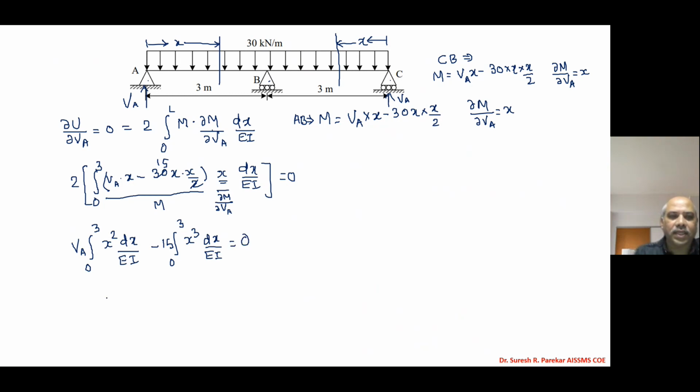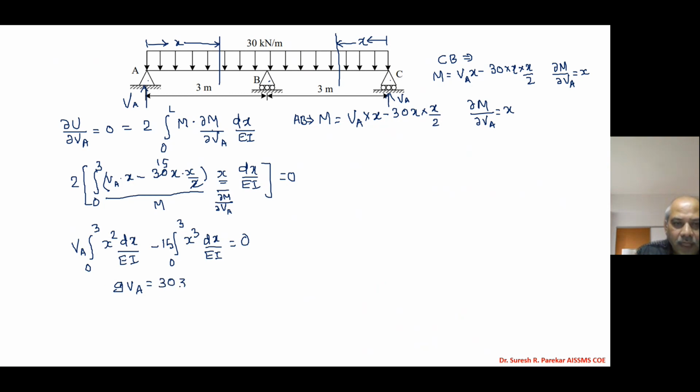If we solve this, then we have integration X square from 0 to 3, we will get this as 9 VA, and that is equal to integration X cube from 0 to 3, and we will have this value and multiply by 15.